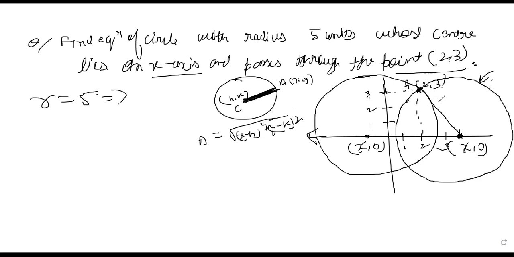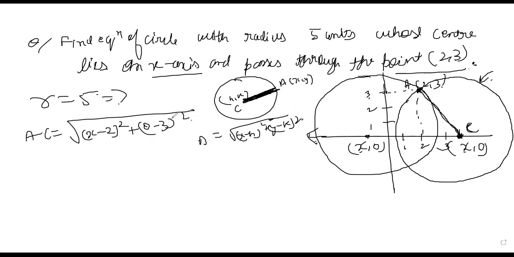If we apply the distance formula, let's say the point (x, 0) here is C. If we find the value of AC, it will look like the square root of (x minus 2) whole square plus (0 minus 3) whole square. And this is equal to what?